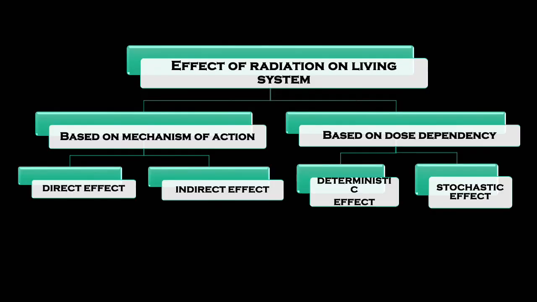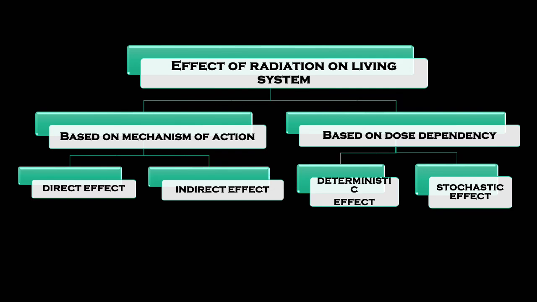The effects of radiation on living systems can be classified into two types based on mechanism of action and dose dependency. Depending on its mechanism of action, there is direct effect and indirect effect. In the direct effect, the biological molecules in the body are affected by photons or radiation. In the indirect effect, there is radiolysis of water.